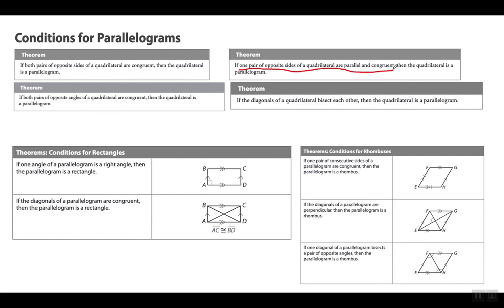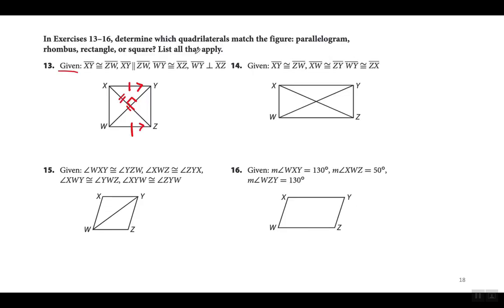And yes, we do have that. If one pair of opposite sides of a quadrilateral are both parallel and congruent, then that means it's a parallelogram. And we have that because it says right here that XY is congruent to ZW and it's also parallel to ZW. So it's a parallelogram. We got to check the other ones as well. We're not done.